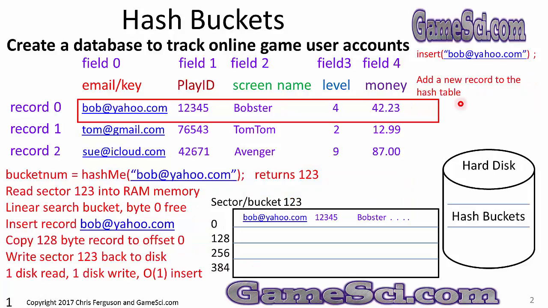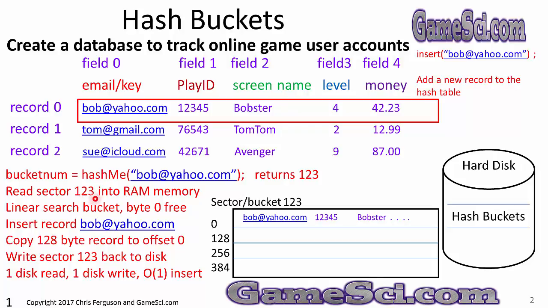Let's add a new record to the hash table. Let's call the insert method for bob@yahoo.com. Here's the record we want to store on disk. We'll say bucket number equals hash me and pass it the key bob@yahoo.com. And it was nice enough to return a 123. Store Bob in sector or bucket 123.